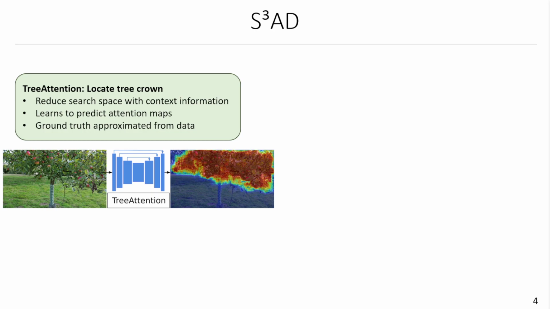The context information refers to the part-of relationship between the apples and the tree crowns, which means that all objects can be recalled by just looking at the tree crowns. During training, tree attention uses approximations of the tree crowns that are generated by computing the alpha shape of the bounding boxes as ground truth.